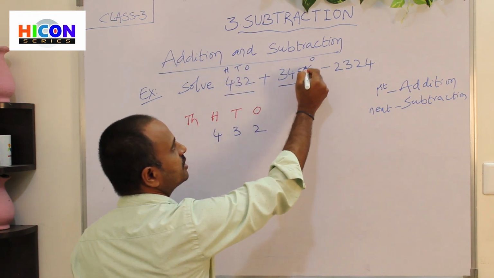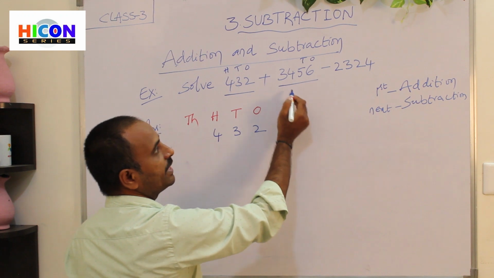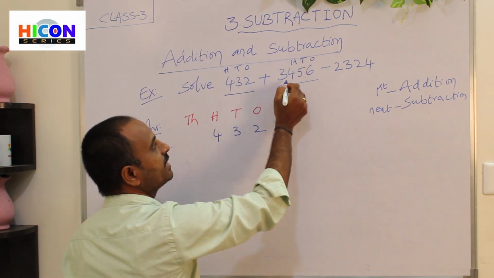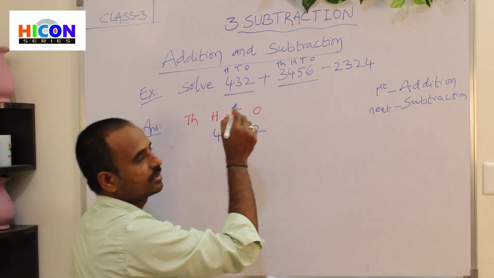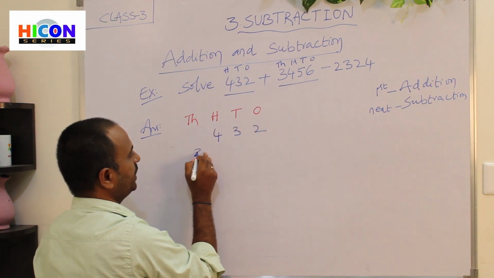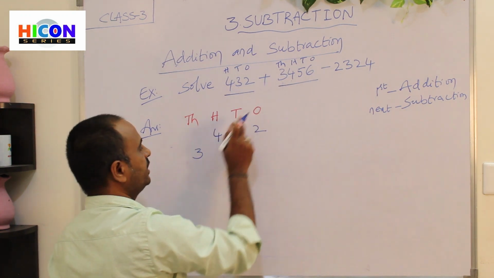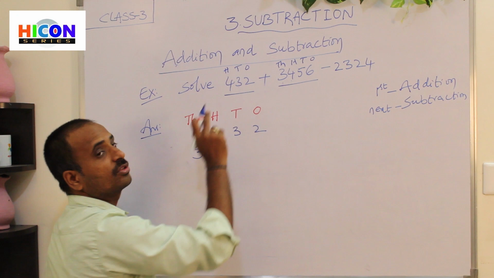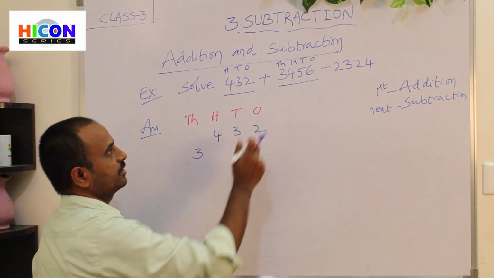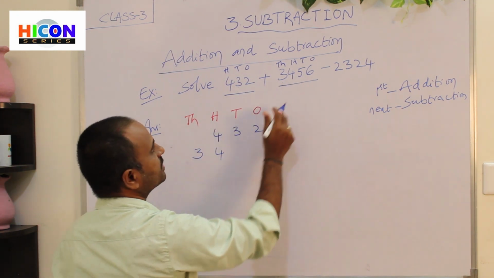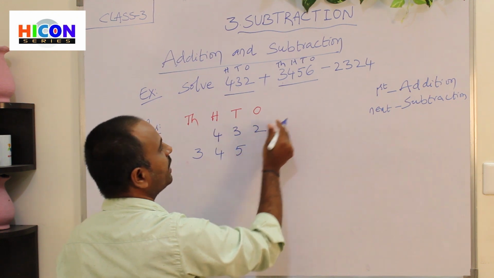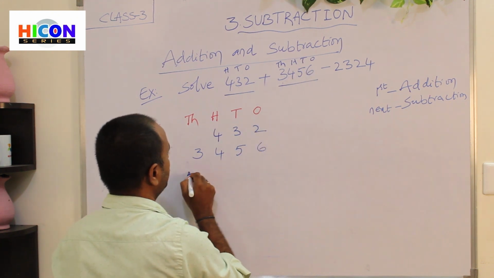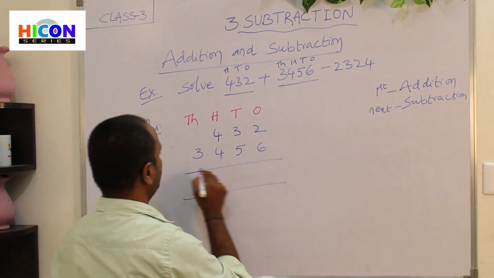Here 6 is in ones place, 5 is in tens place, 4 is in hundreds place, 3 is in thousands place. So write 3 in thousands place. Next write 4 in hundreds place, write 5 in tens place, write 6 in ones place. Now add these two numbers.